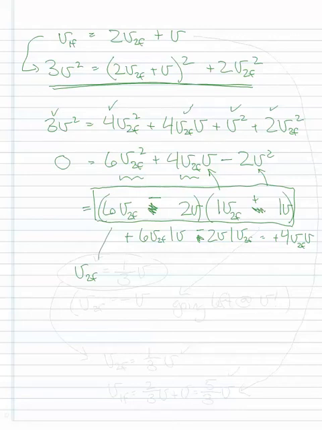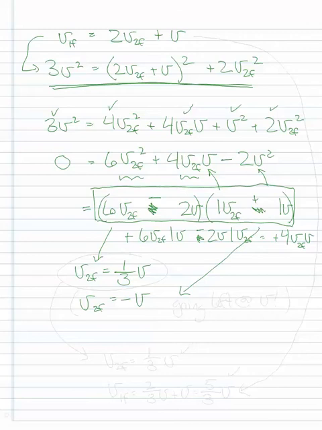The first solution is that v2f could be equal to, if I solve that, 1/3 times v. If you plug in 1/3 times v, you'll find that you do get a solution. The other solution that I could get is that v2f is equal to minus v.